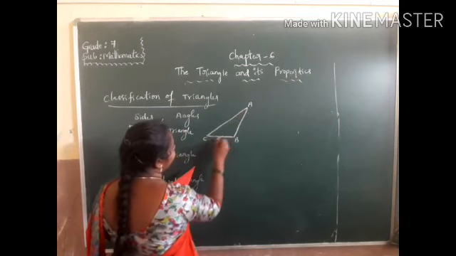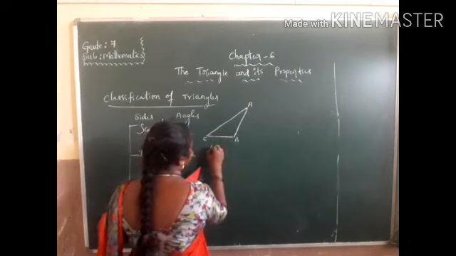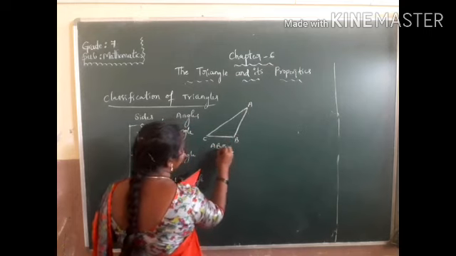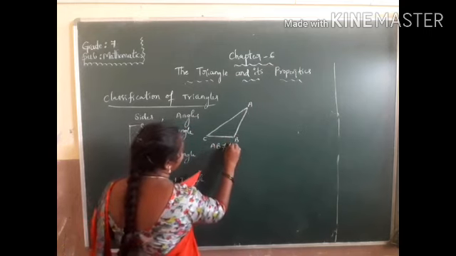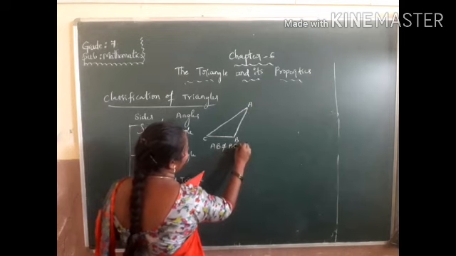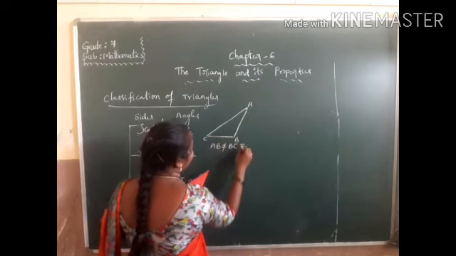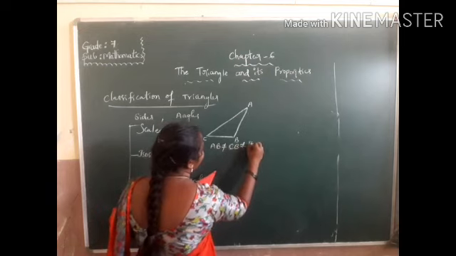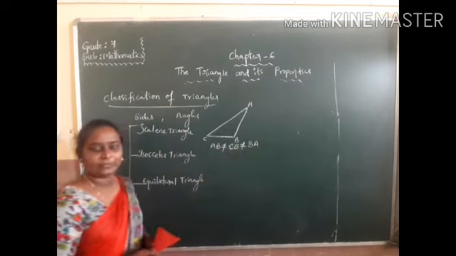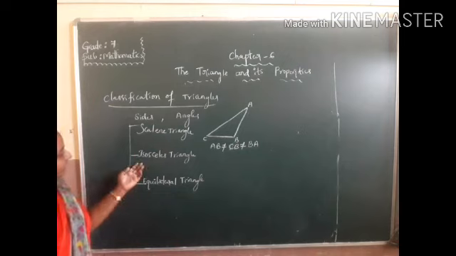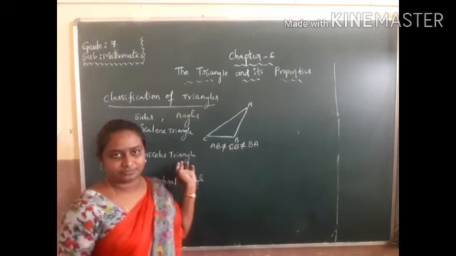ABC is a triangle having unequal sides, so it is a scalene triangle. AB is not equal to BC, which is not equal to CA.